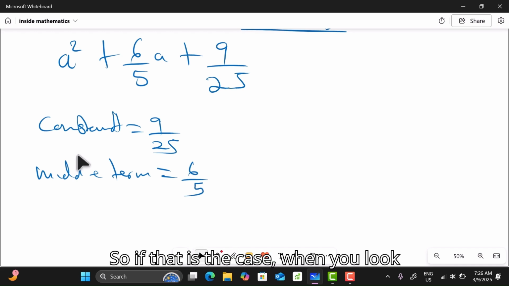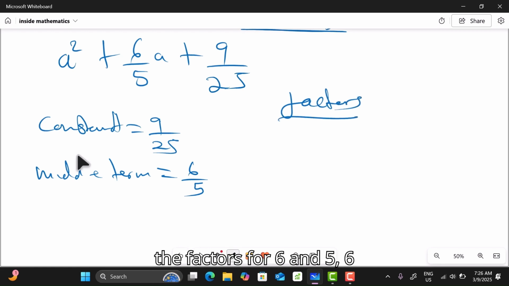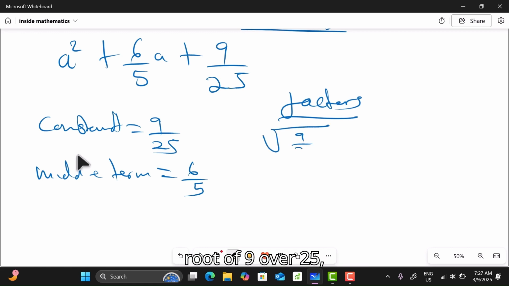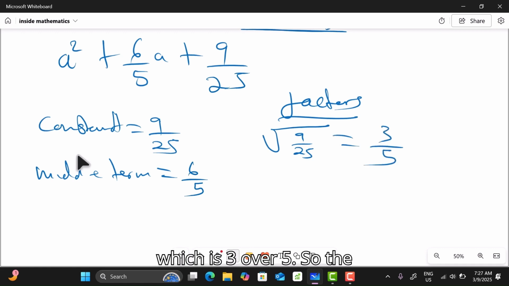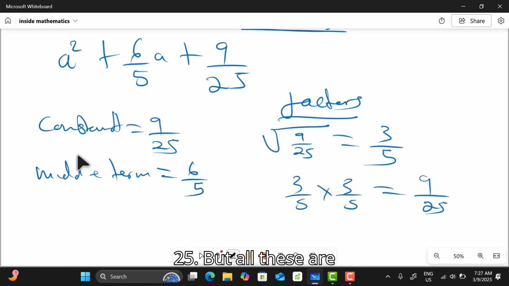So if that is the case, when you look into our factors, you find out the factors is nothing but the square root of 9 over 25, which is 3 over 5. So the factors are 3 over 5 times 3 over 5 gives us 9 over 25.